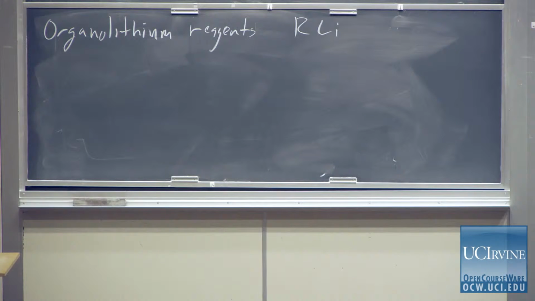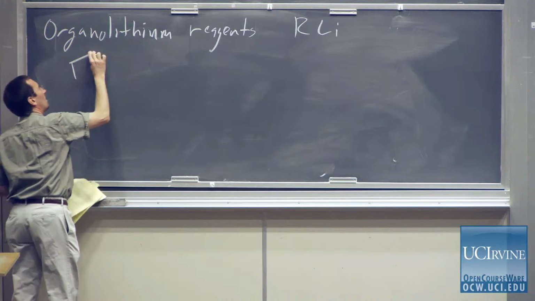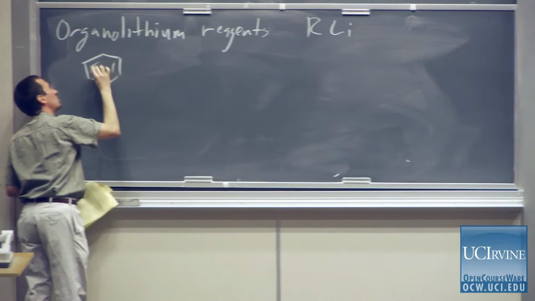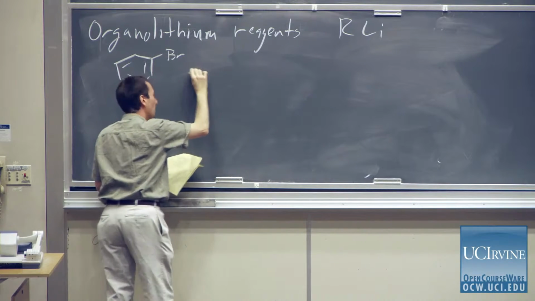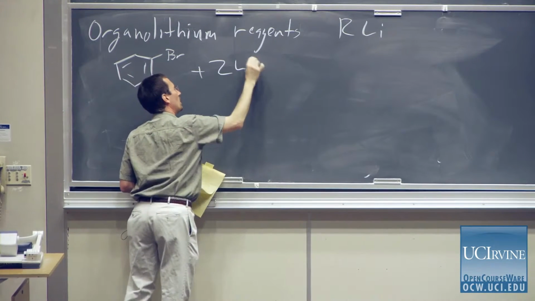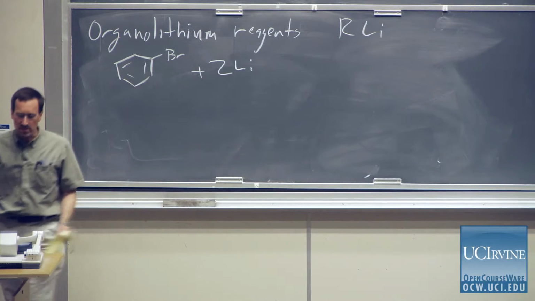Organolithium reagents are formed by reacting alkyl or aryl halides, again, we're talking iodide, bromide, chloride, with lithium metal. If I write a balanced equation, say, for bromobenzene and lithium, it takes 2 lithiums. And that makes sense if you think about it, right?